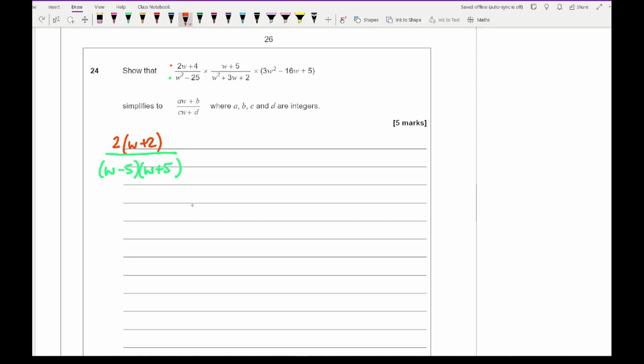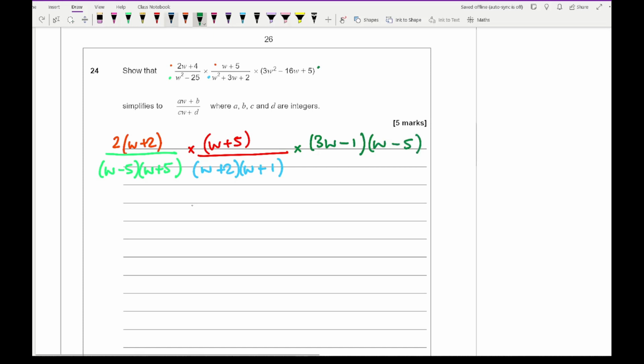Then if I look at the top of this one here, nothing can be done with that, so I'm just going to leave that as times (w + 5), in brackets, over. Then factorizing this gives me (w + 2)(w + 1). And finally, if I factorize this, I'm going to get (3w − 1)(w − 5).